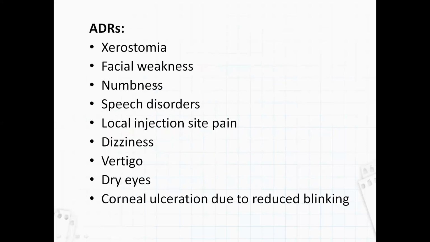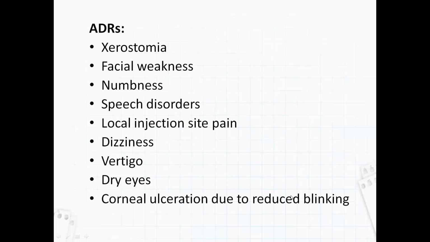Coming to the adverse drug reactions of botulinum toxin A and toxin B: xerostomia, which affects the mouth, facial weakness, numbness, speech disorders, pain at the local injection site, dizziness, vertigo, dry eyes, and corneal ulceration due to reduced blinking.